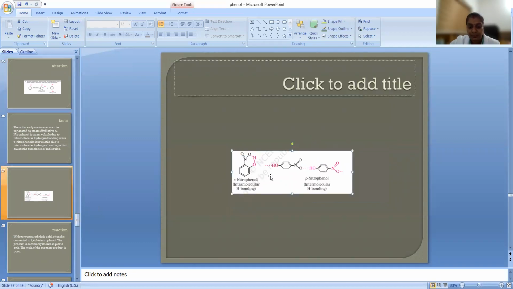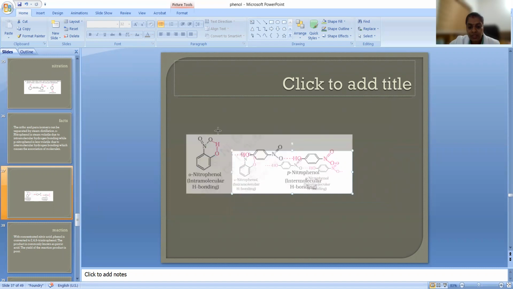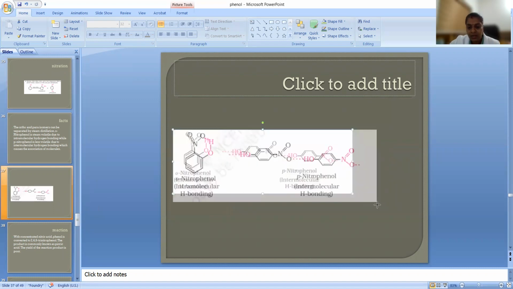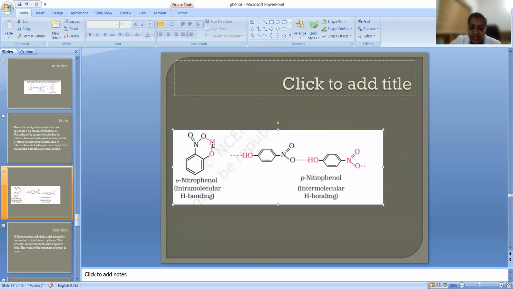Look at this. In orthonitrophenol, the hydrogen of the phenol OH and the oxygen of the NO2 group form a hydrogen bond. This is called intramolecular hydrogen bonding: within the molecule, the hydrogen bond is forming.